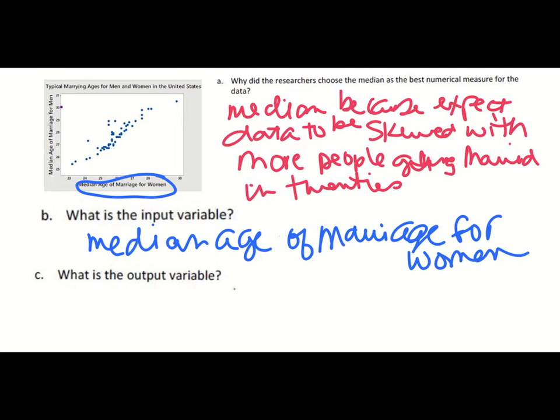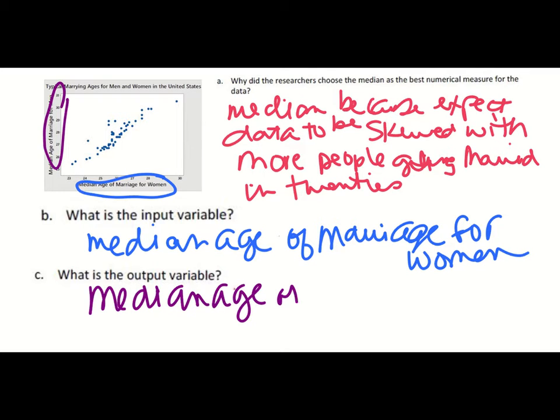And then the output is the median age of marriage for men. Let me make that F a little bit nicer.